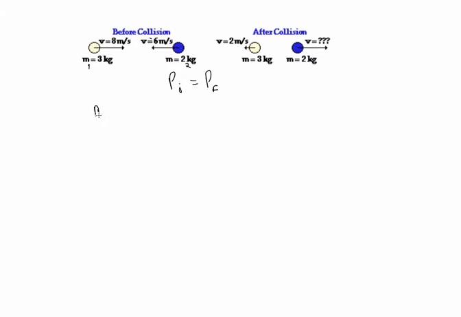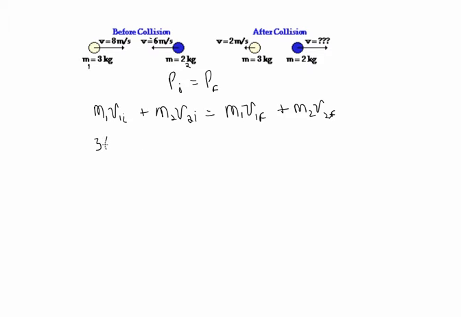So since it's an elastic collision, I'm going to say M1 V1 initial plus M2 V2 initial equals M1 V1 final plus M2 V2 final. These are just our momentum terms, mass times velocity. I'm using the subscripts because we have so many different ones, I have to keep track of them.